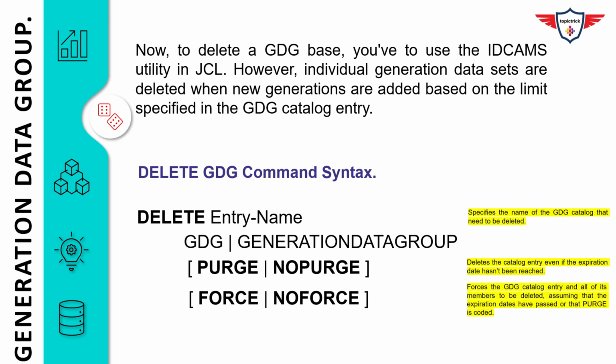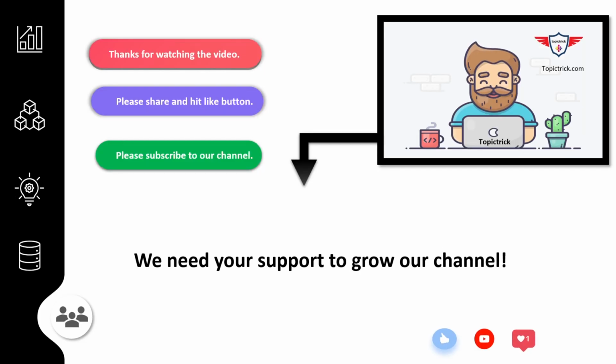When you code the purge parameter, the catalog entry and its members, if force is coded, are deleted whether or not they reach the expiration date. And in general, both of these parameters are commonly coded when you want to delete a GDG catalog entry because you want to get rid of a GDG base.